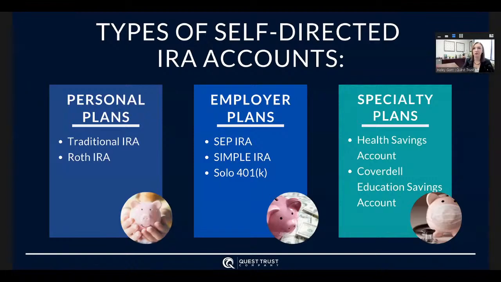So, to go through these a little quickly, most Americans have their funds in some sort of personal plan. Most Americans also have their funds in some sort of tax deferred account, which would be like a 401k through your employer or a traditional IRA. Whenever I say tax deferred, basically what that means is none of the income, none of the growth to your IRA is going to be taxed while that account is growing.